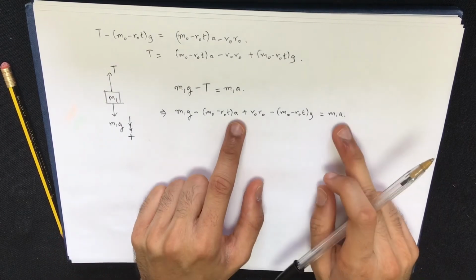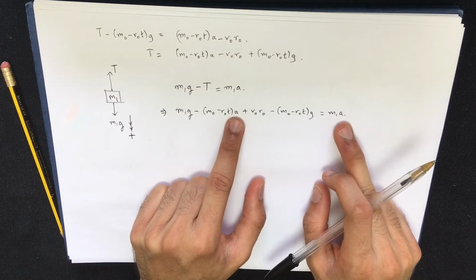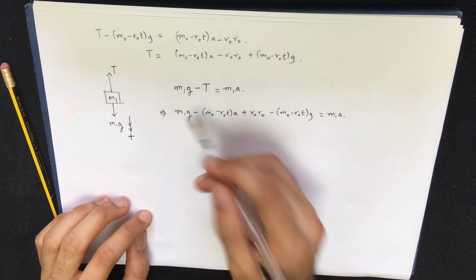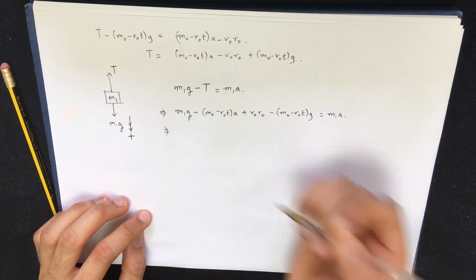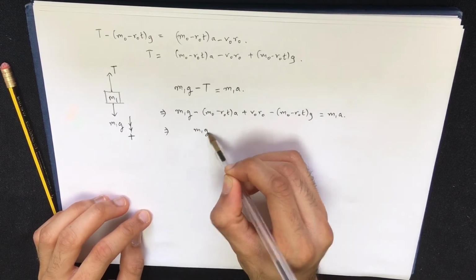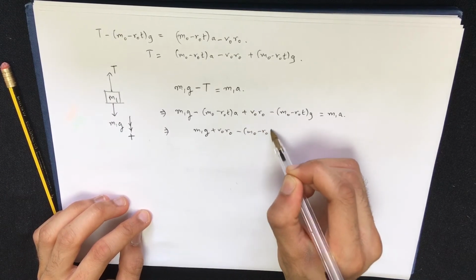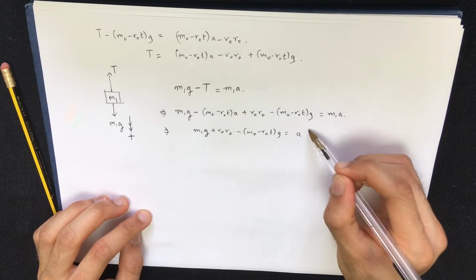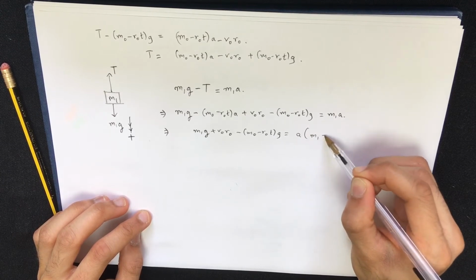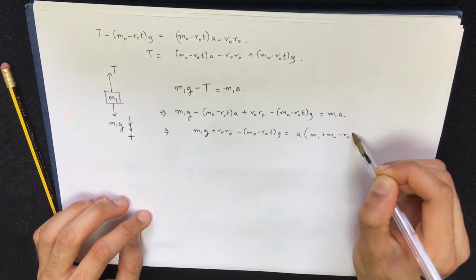So we want to figure out what A is as a function of time. So let's just take all the A terms to this side. We're basically going to get on this side M1G plus V0 R0 minus (M0 minus R0 T) times G equals A times (M1 plus M0 minus R0 T).